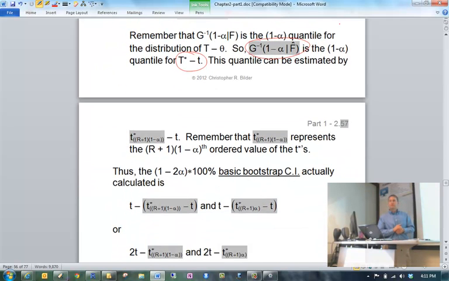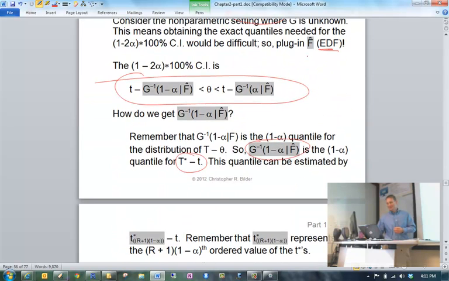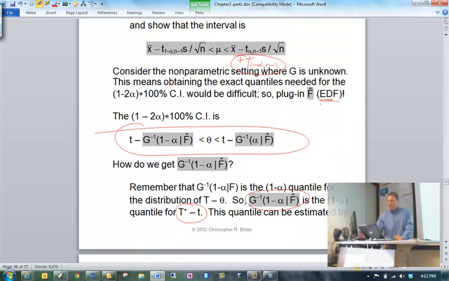So just to clarify in my own mind, so here theta and little t are the same thing. No. T minus theta has a distribution of G. T star minus T has a distribution of G hat.